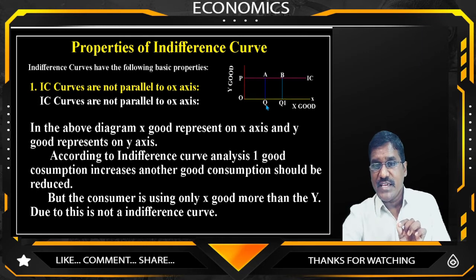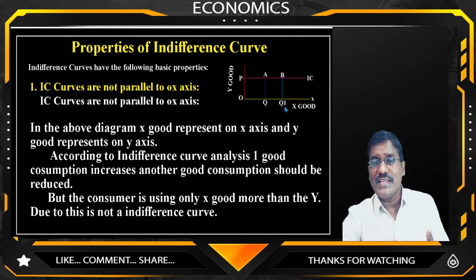If X increases, Y should be reduced. But Y is constant. The consumer is purchasing OP level of Y good, and OQ level of X good increases, then the Y good should be reduced. But there is no change in the Y good.